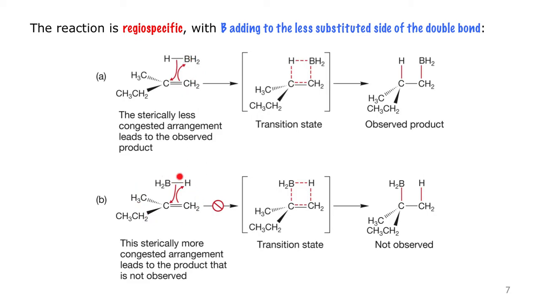The alternative regiochemistry would turn the borane around, with the hydrogen adding to the less substituted carbon and the boron added to the more substituted carbon. We don't observe those. We always observe this sort of product. So it's adding in a regioselective way, and it seems to be, at least in part, related to sterics.